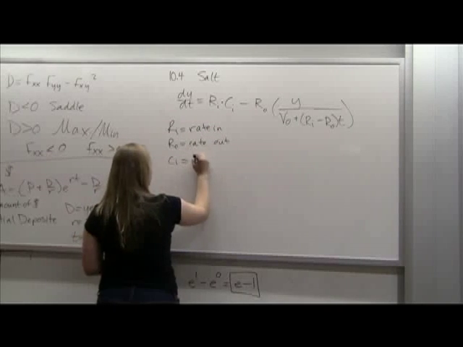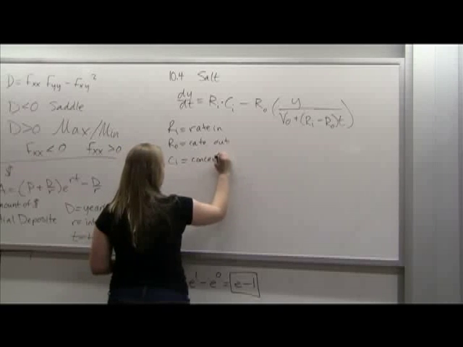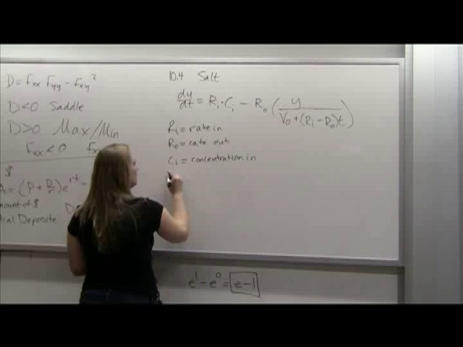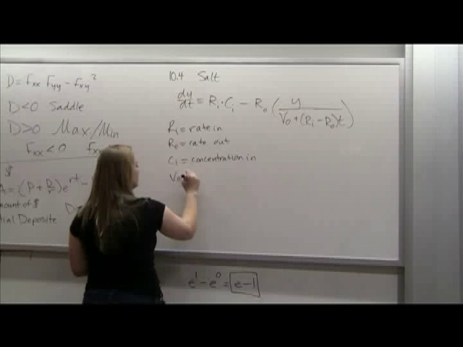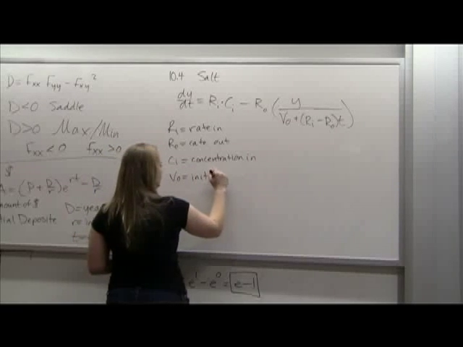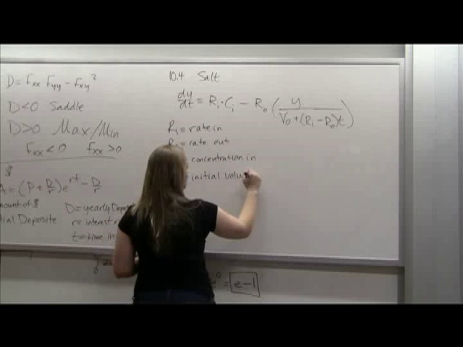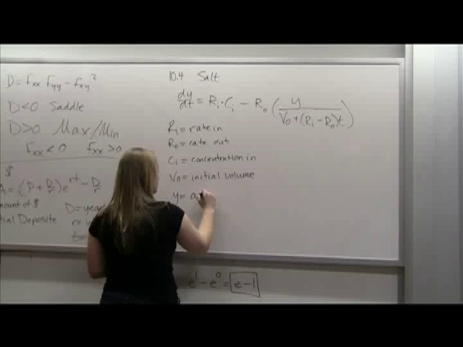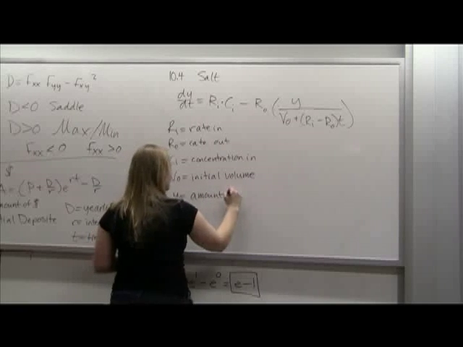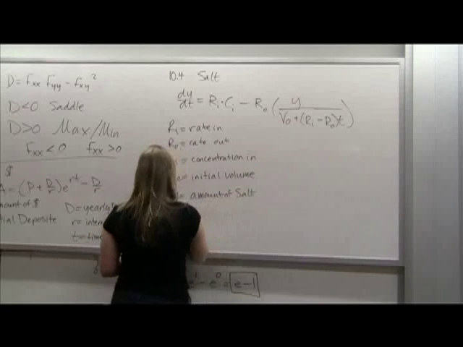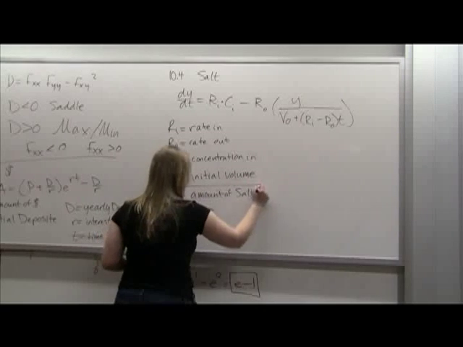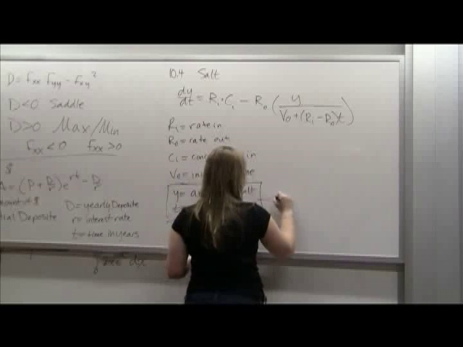Ci equals concentration in. VO equals initial volume. Y equals amount of salt. And T equals time. You don't plug these in until after you integrate.